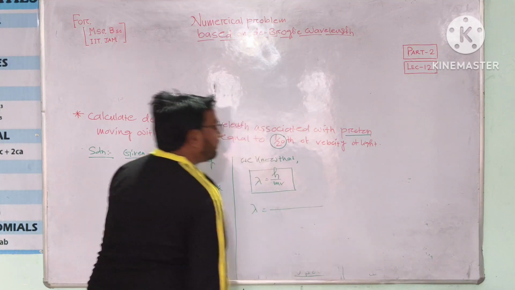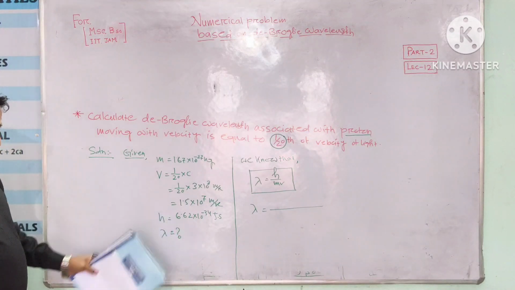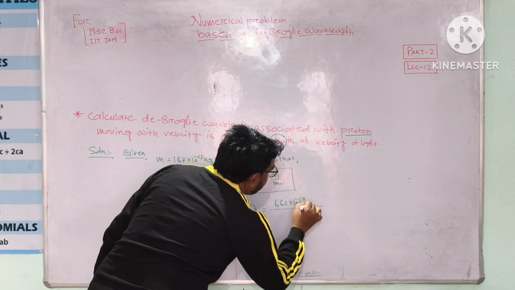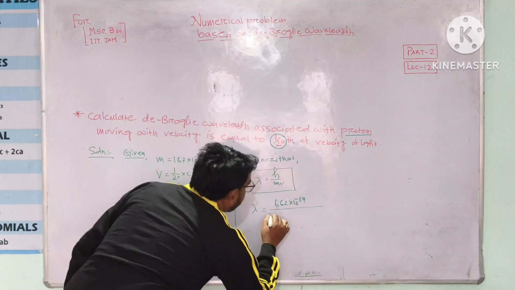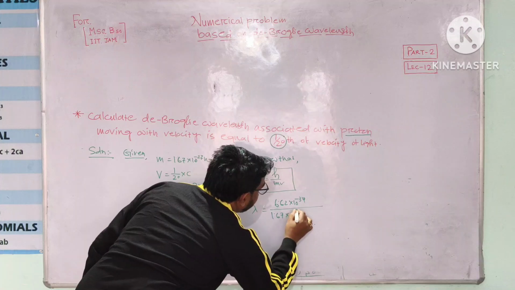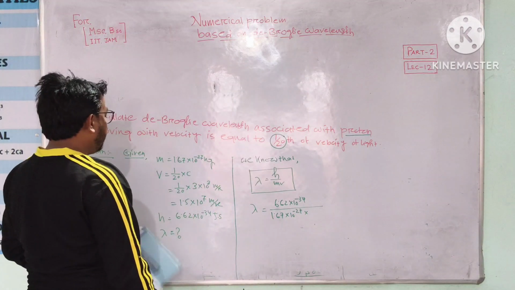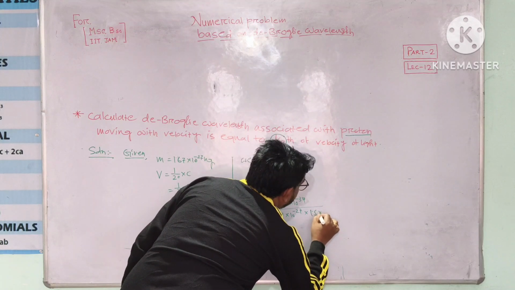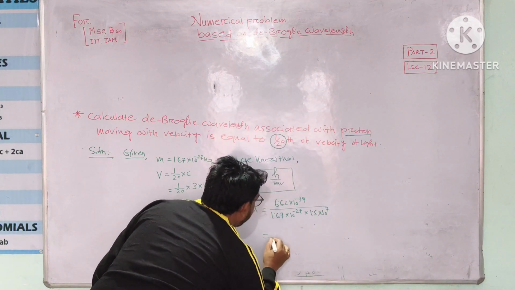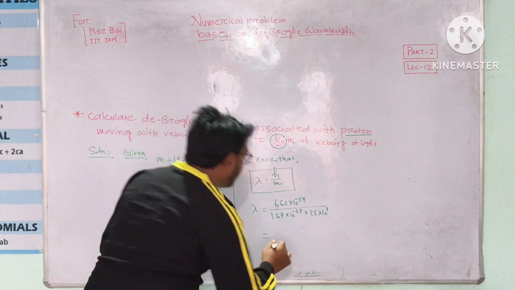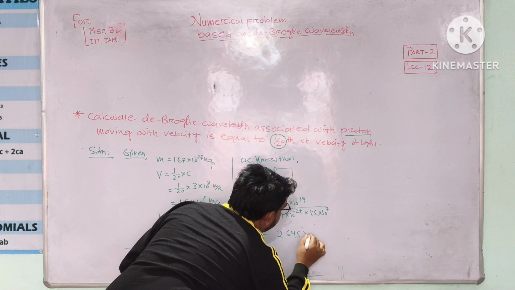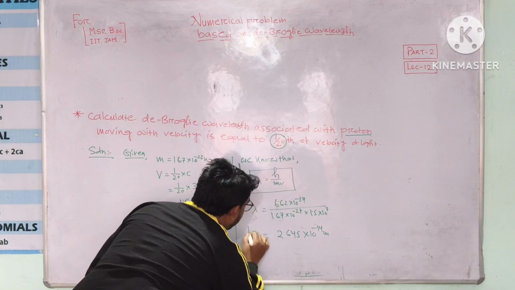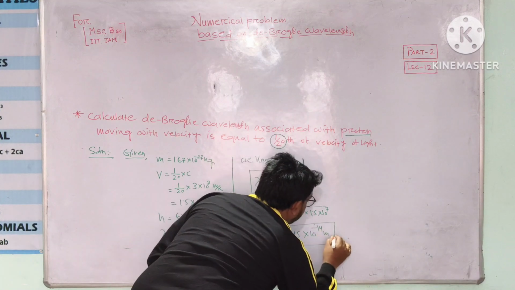Lambda equal, the value of h equal 6.62 into 10 to the power minus 34 joule second, and mass of proton particle equal 1.67 into 10 to the power minus 27, and speed of the proton particle equal 1.5 into 10 to the power 7. After solving this, you will get 2.645 into 10 to the power minus 14 meter. So this is our required wavelength.